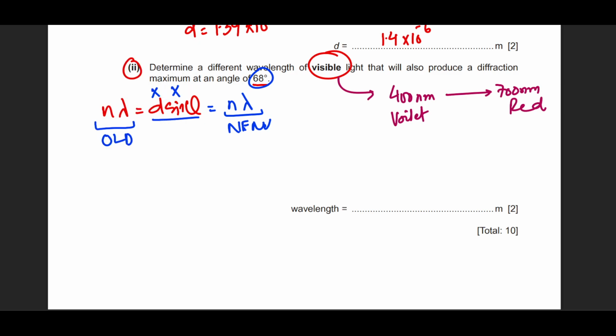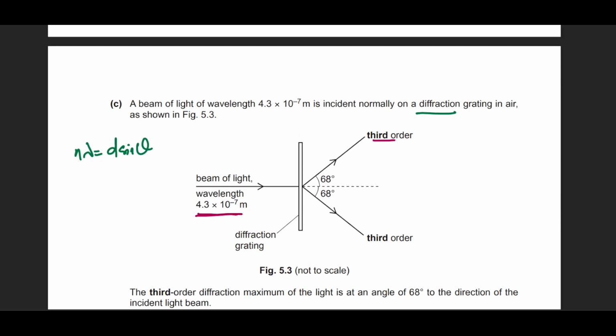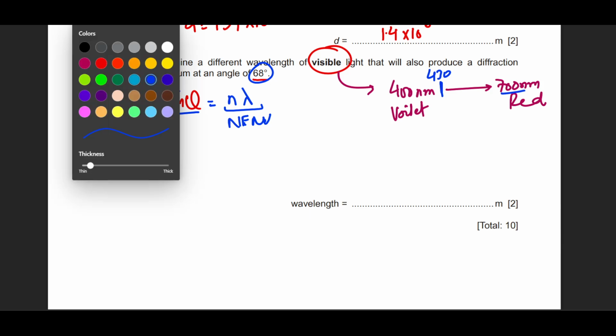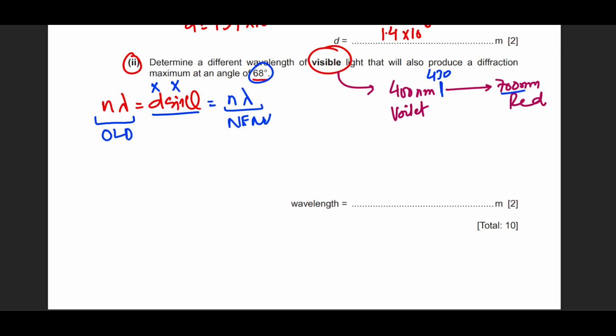Okay, so going back, this is actually 430 nanometers. So it's already violet. So 430 exists on the spectrum somewhere along this line. I can go up to 700 and still be in the visible spectrum. Okay, so in the old scenario, we had a 3rd order at a wavelength of 430 nanometers.